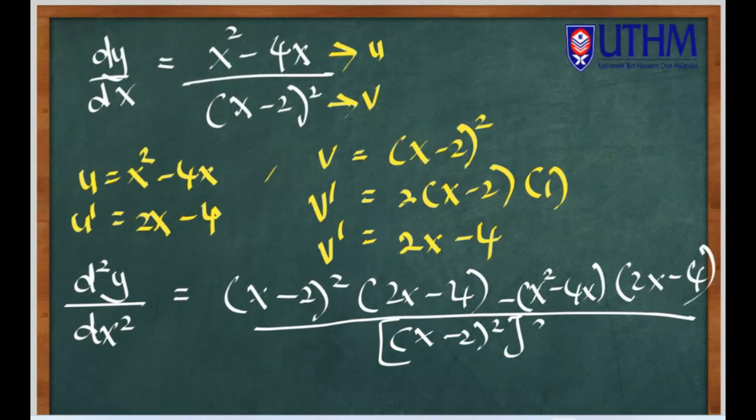Don't forget to square. Then you just expand and simplify everything. At the end, the answer will be 8 over x minus 2 cubed.